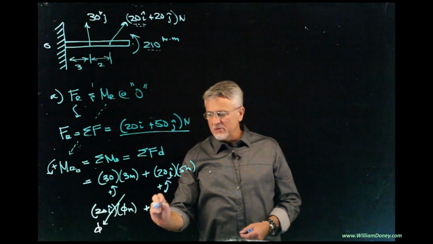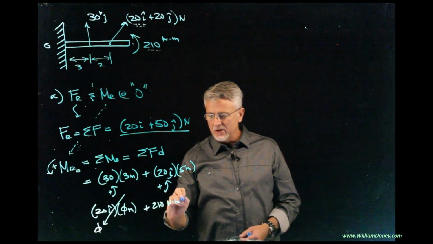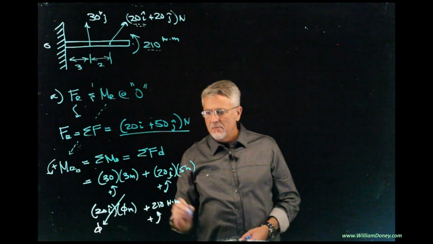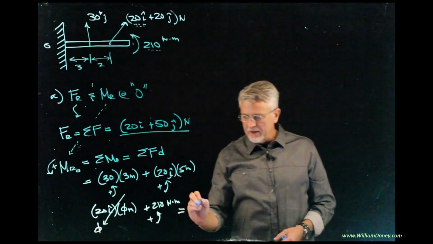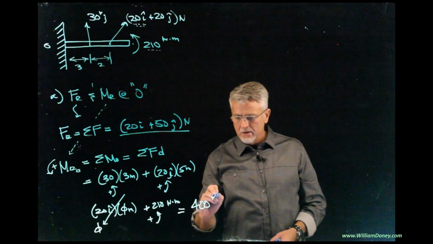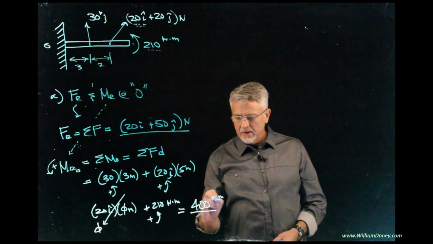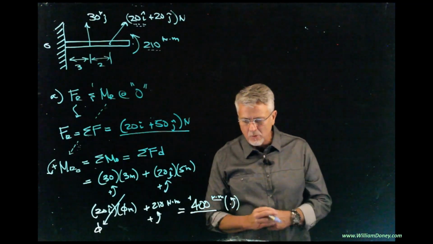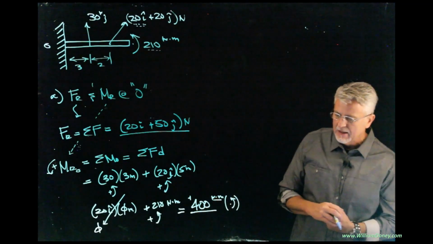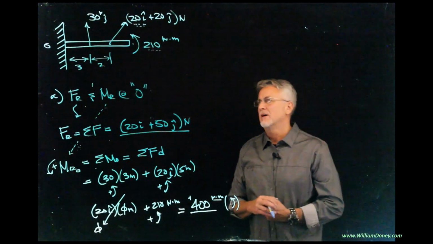That's in the same direction. That's 210 Newton meters also that way. Positive. And if we go through all that mess, what we're going to come up with should be 400 Newton meters. And since we picked positive that way, I don't have to include the arrow, but I will just to remind myself that it's counterclockwise.